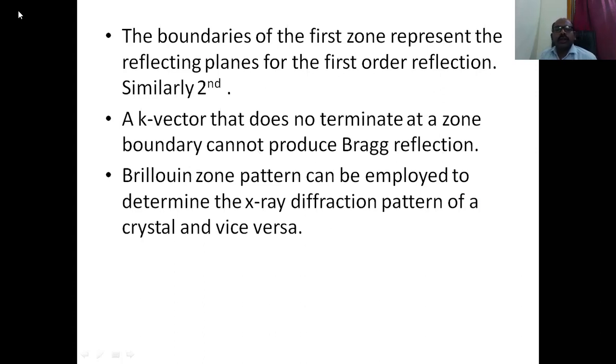That means only at the boundaries do the Bragg reflections occur. Now the Brillouin zone pattern can be employed to determine the X-ray diffraction pattern of a crystal and vice versa.